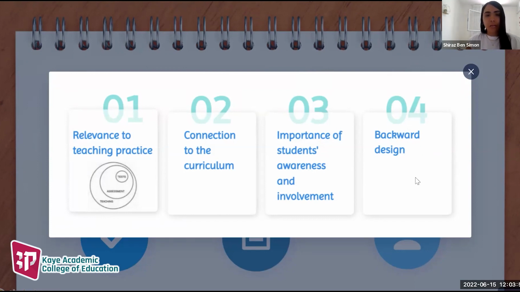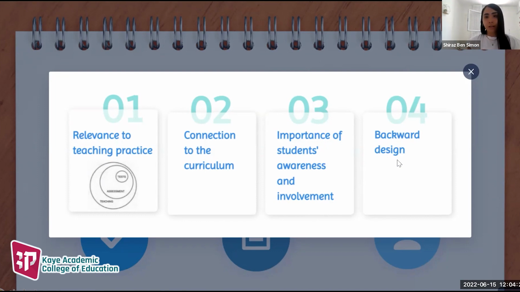Exactly. So we have a few more minutes, so we will briefly explain the importance of the students' awareness and involvement. In this course, we learned that the students must know how they are evaluated, what the process of assessment is that they are going through, for them to be more involved in their learning processes. Of course it happens to us as well as students, because in each and every task that we got from Irena, we got the rubrics, and it helped us know what to pay attention to and how to construct our work to align with those rubrics.